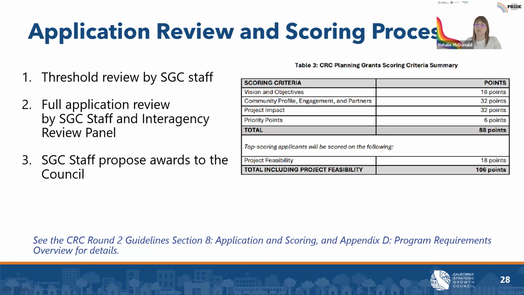Applications that pass threshold review will have a full application review by SGC staff and an interagency review panel composed of professionals from multiple state agencies. After all scoring is complete, SGC staff will make proposals for Round 2 awards to the Council, who will vote to approve final awards.